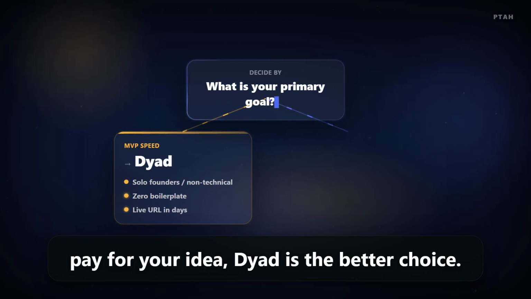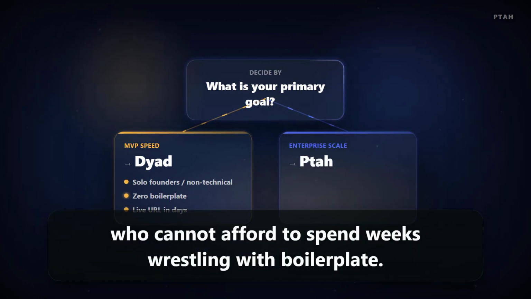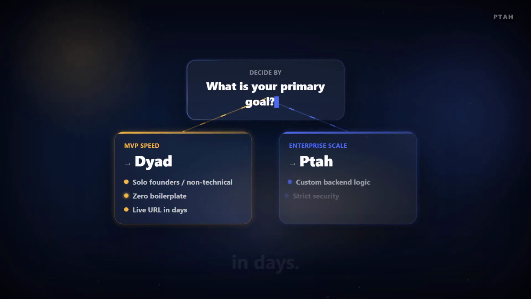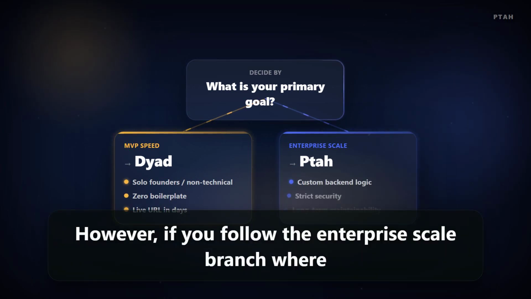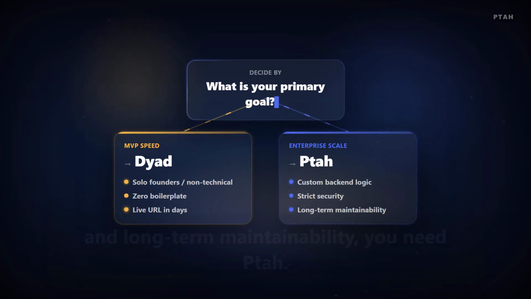It is purpose-built for solo founders and non-technical designers who cannot afford to spend weeks wrestling with boilerplate. It gets a live product in front of users in days. However, if you follow the enterprise scale branch, where your project demands custom backend logic, strict security protocols, and long-term maintainability, you need Ptah.